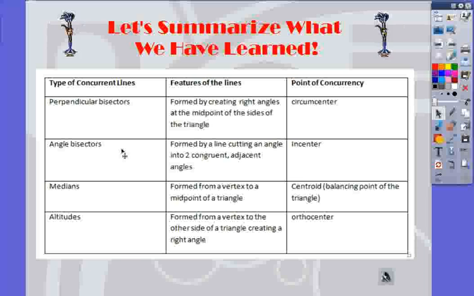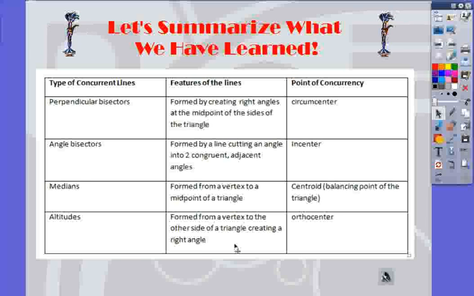An angle bisector is formed by a line cutting an angle into two congruent adjacent angles, and its point of concurrency is called the incenter. For the medians, it is formed from a vertex to a midpoint, and its point of concurrency is called the centroid, and the centroid is the balancing point of the triangle.